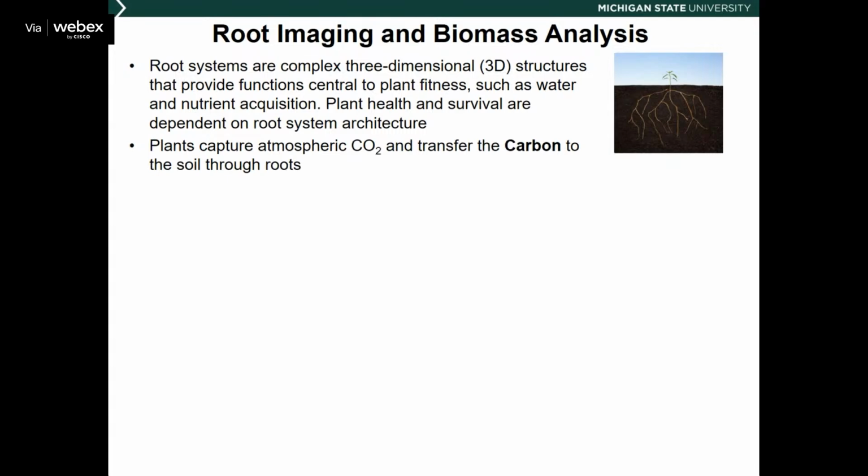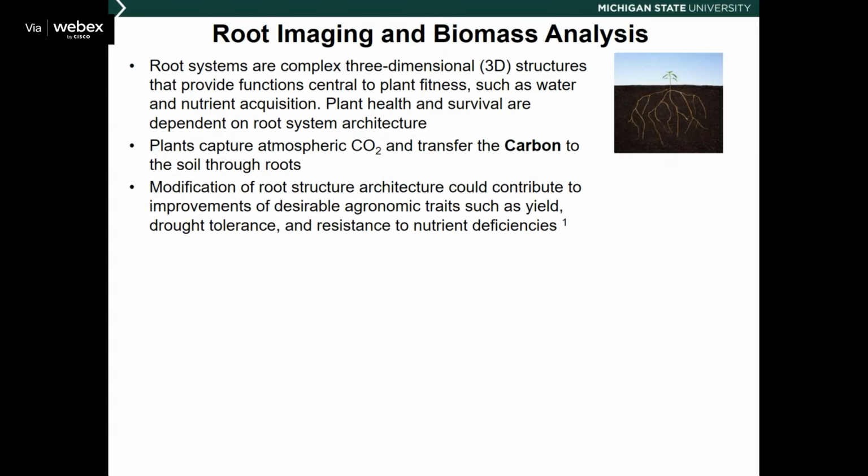For plants, how they work in our entire ecosystem is to capture CO2, carbon dioxide, and transfer the carbon from the air to the soil through the roots.